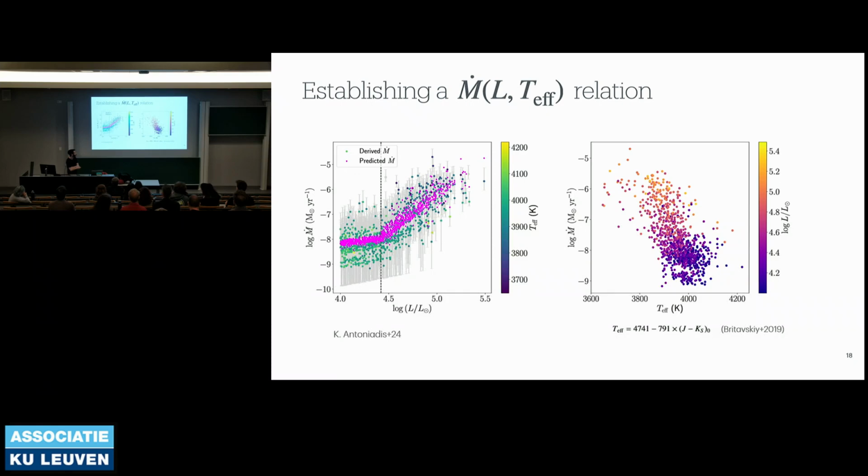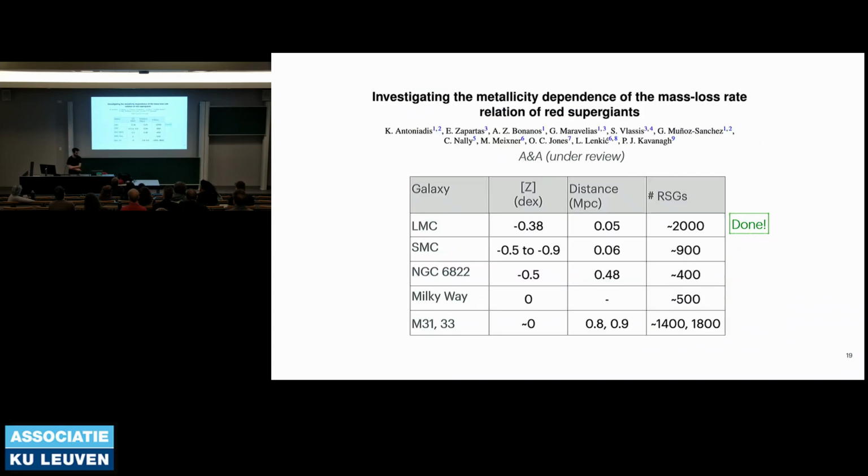You can see on the right the plot with the effective temperature, and we observe an anti-correlation with that one, which has actually been shown in previous works too, and is expected because at later evolutionary stages we have cooler temperatures. And so this dependence on the effective temperature, you can see the magenta points is the prediction for the relation, accounts also for part of the dispersion of the results.